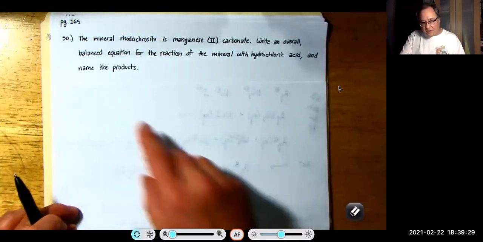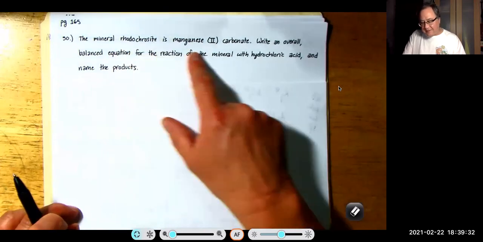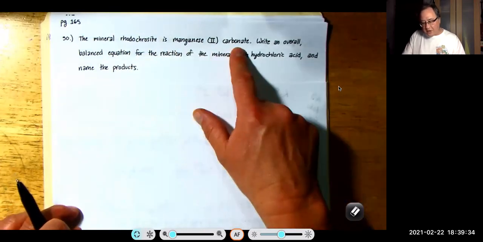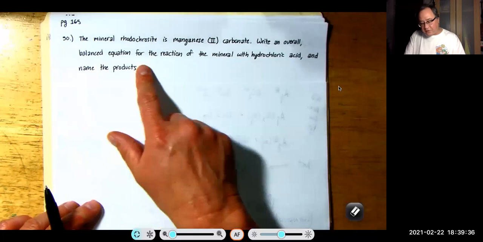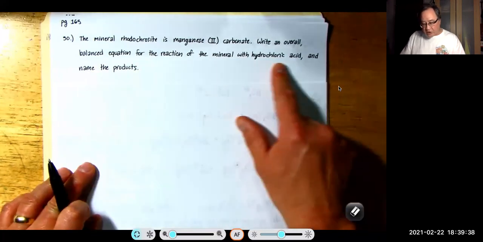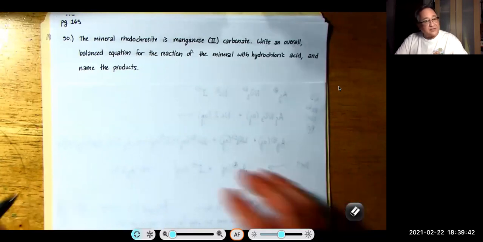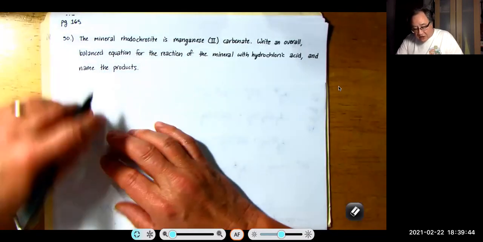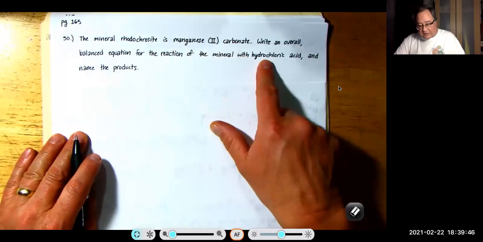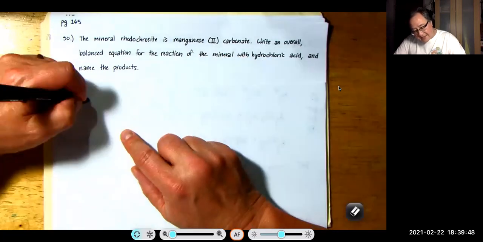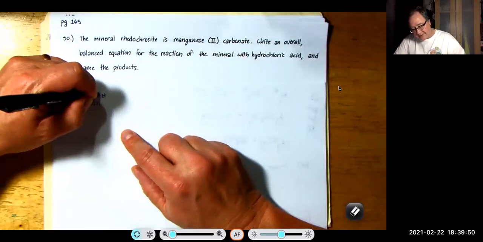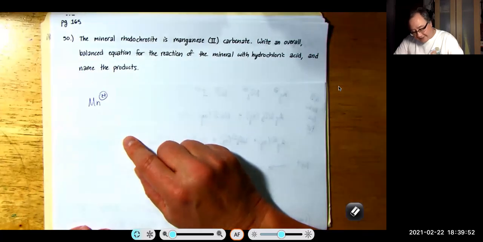Okay, the mineral rhodochrosite is manganese 2 carbonate. Write an overall balanced equation for the reaction of this mineral with hydrochloric acid and name the products. So this is a gas forming reaction because it's got the carbonate and you're reacting it with acid. So manganese 2 is this, carbonate is this.